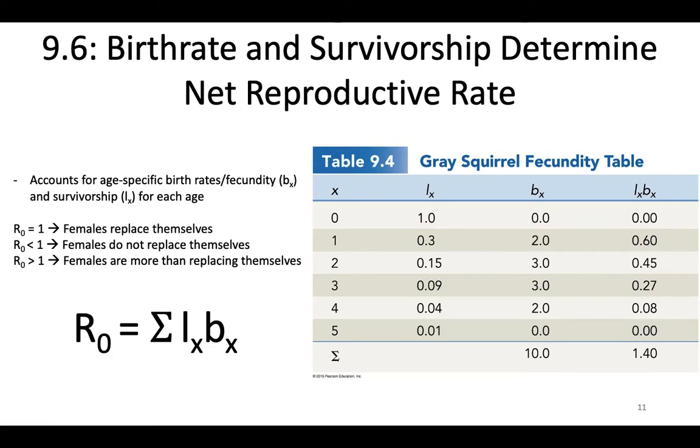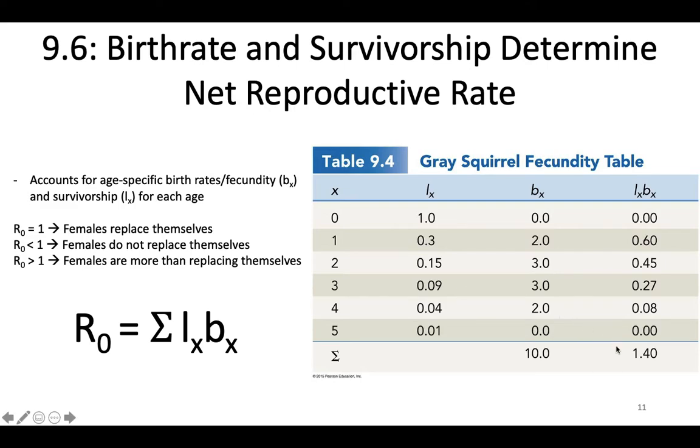So they only have one of their female offspring reaching maturity and reproducing. If the net reproductive rate is less than 1, females are not replacing themselves. So maybe they are having a lot of males, or maybe none of their female offspring are surviving. And then if the net reproductive rate is greater than 1, then females are more than replacing themselves.